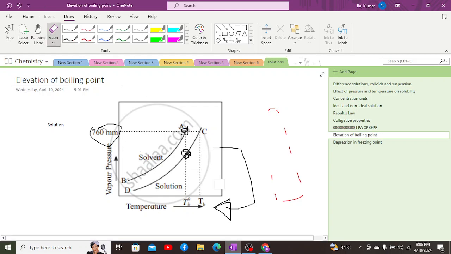All right, there's a mistake. CD will start boiling when the vapor pressure and atmospheric pressure are equal. The atmospheric pressure which is here would be equal to the point on the curve CD.